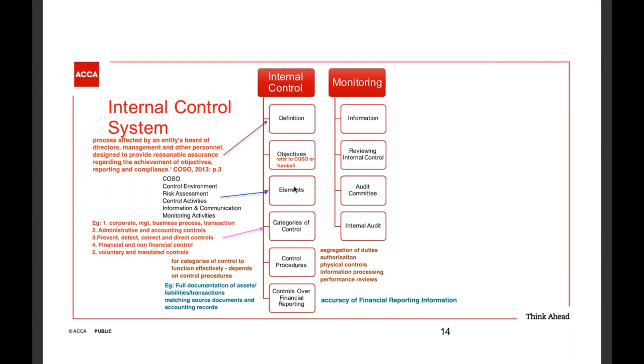So the elements of internal control, referring to COSO, you will have your control environment, you have your risk assessment, you have your control activities, you have information and communication, and then you have monitoring activities.